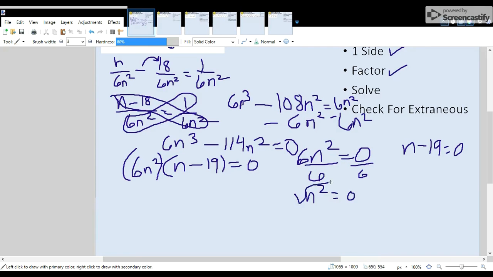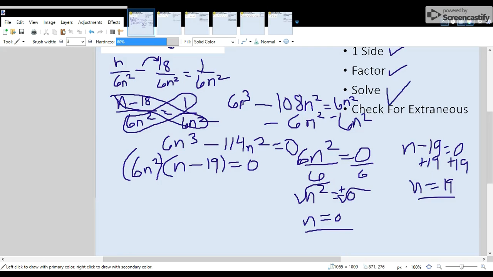Take the square root of both sides, and n just equals 0 here. Okay, on the other part, we're going to add 19 to both sides of the equal sign. So n equals 19.